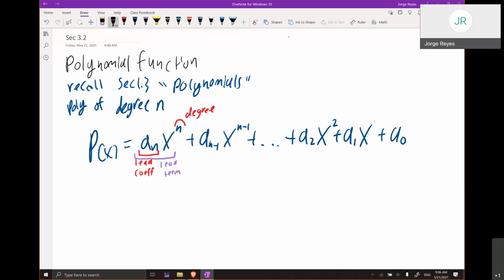So you can put an invisible 1 here if you really wanted. And then technically, there's an invisible x to the 0 here. You can imagine those. We just customarily don't write them down, because this one is the constant term, which normally we just know because it doesn't have the x. Okay.